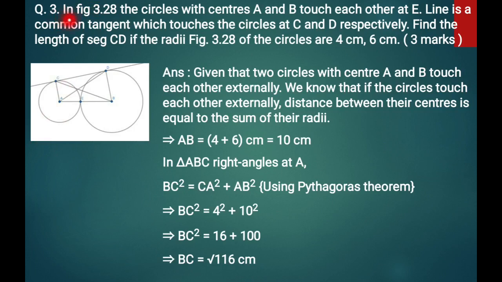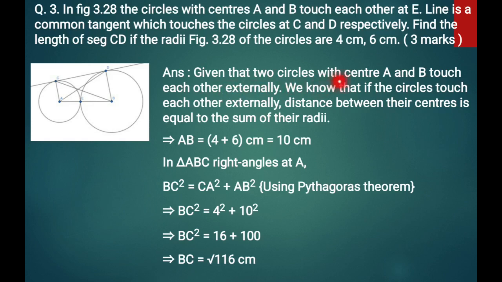Now see third question. In figure 3.28, the circles with center A and B touch each other at A. Line CD is a common tangent which touches the circles at C and D respectively. Find the length of seg CD if the radii of the circles are 4 cm and 6 cm. So we first write here given part.